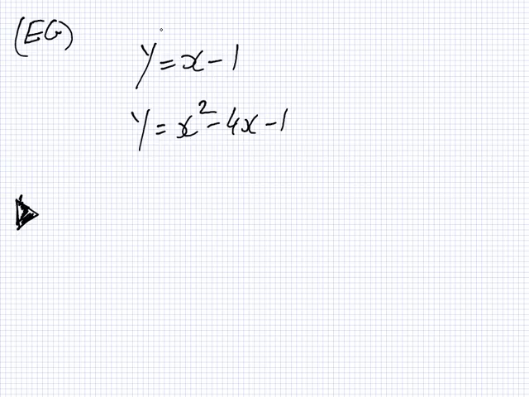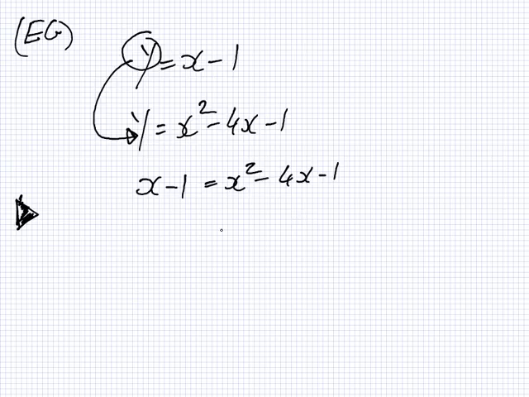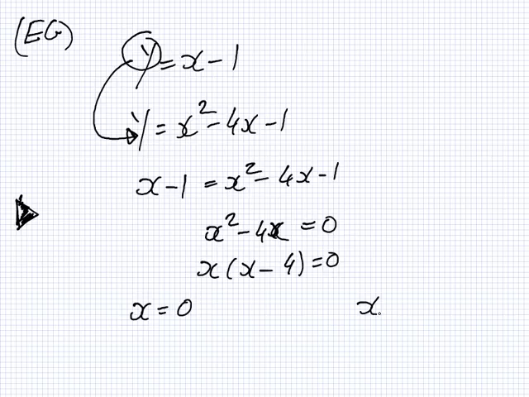You know what the y is, so you can just replace it here. So we have x minus 1 equals x squared minus 4x minus 1. x squared minus 4x equals 0. x times (x minus 4) equals 0. So what are our two answers for x? Well, 0 or 4.